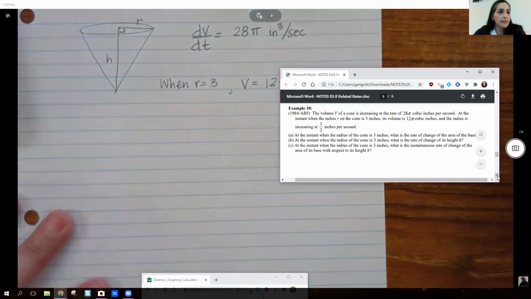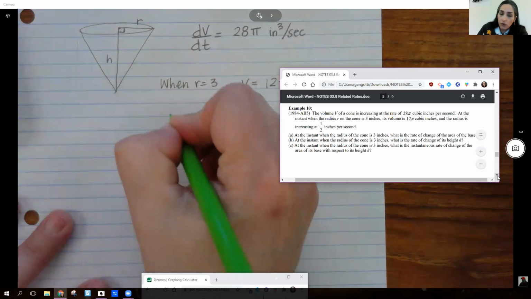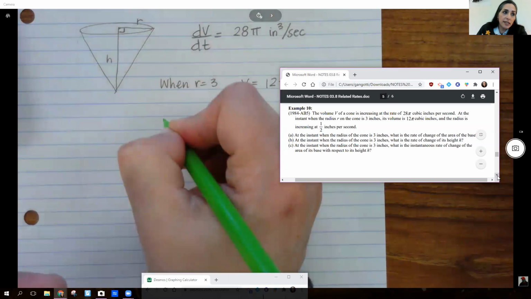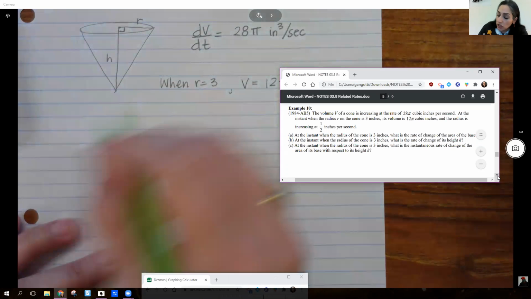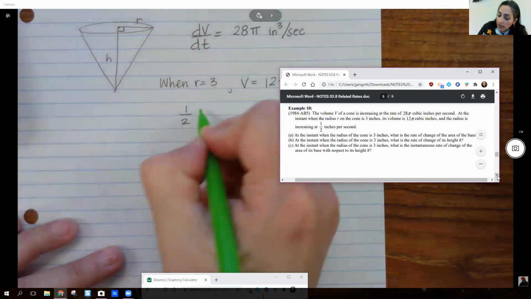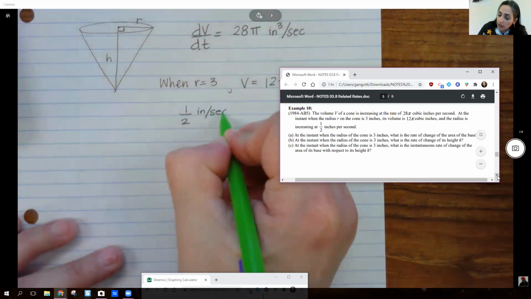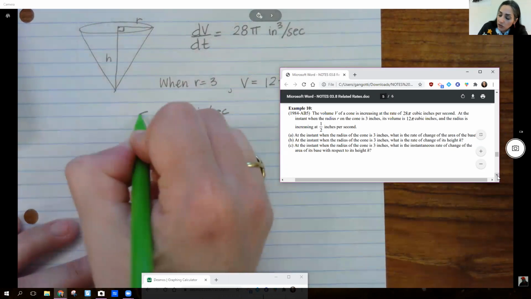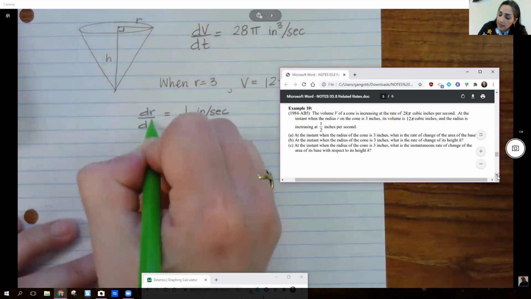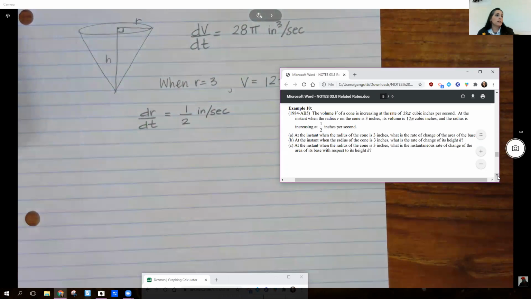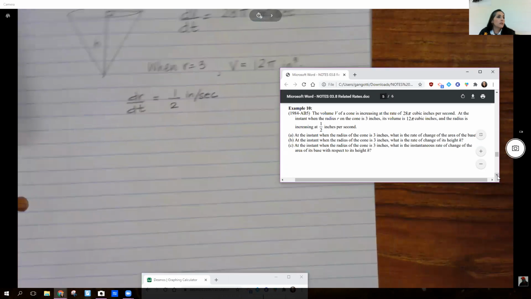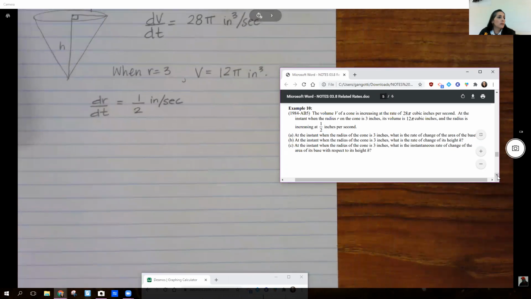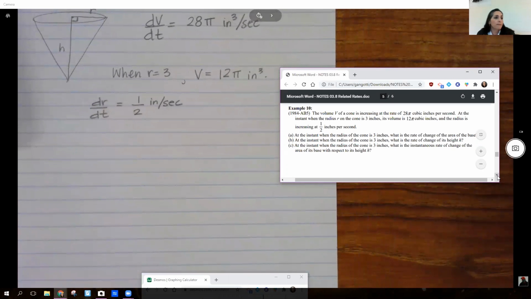And the radius at that instant is also increasing. So the radius is increasing at 1/2 inch per second. So that is your dr/dt. Take a look at that and see if you follow that.